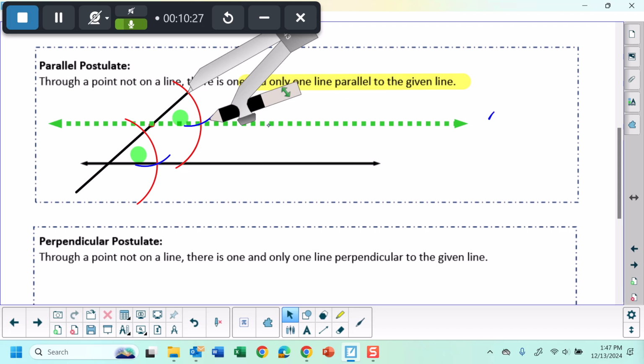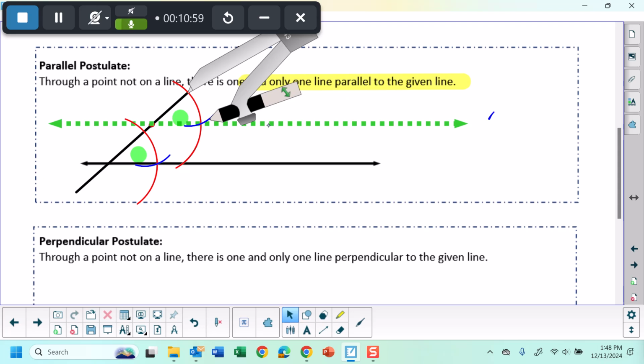You just copied that angle. That's how you draw a parallel line. We're relying on the corresponding angles converse, saying if two corresponding angles have the same measure, then those lines are going to be parallel. There's only one possibility. The minute you draw that parallel line, all of our papers now match, which is good.